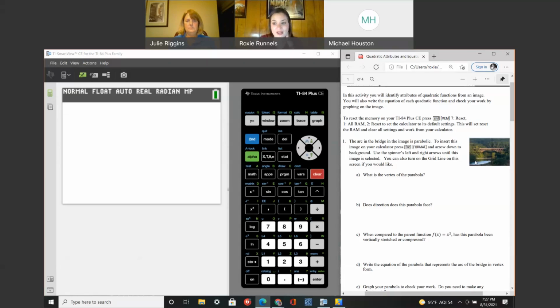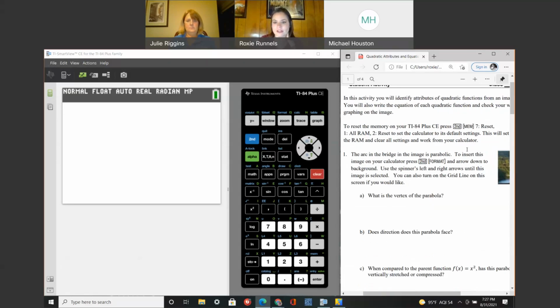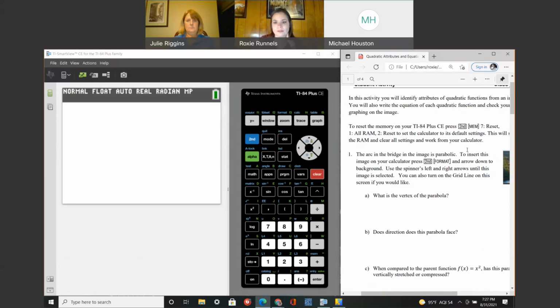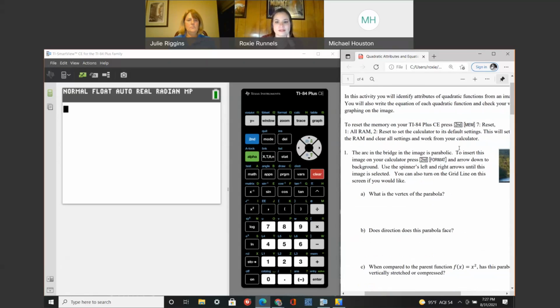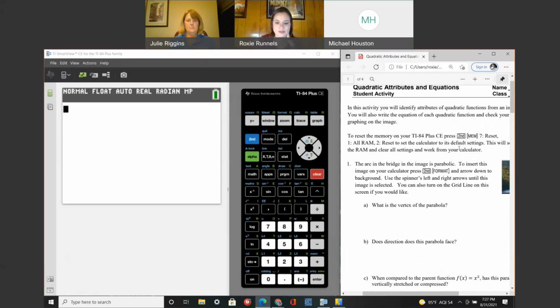Now, if you're using the Nspire, you can preload those images for students in the graphs page. So I'm going to zoom in here just a smidge. But if you have the 84, students are going to insert these images themselves, and we're going to run through this. Like I said, it's both a student, and then we're going to do some behind the curtain teacher stuff too.